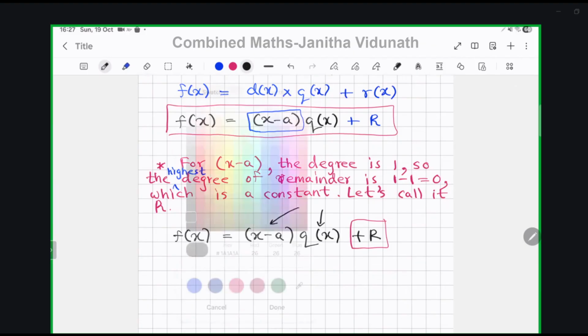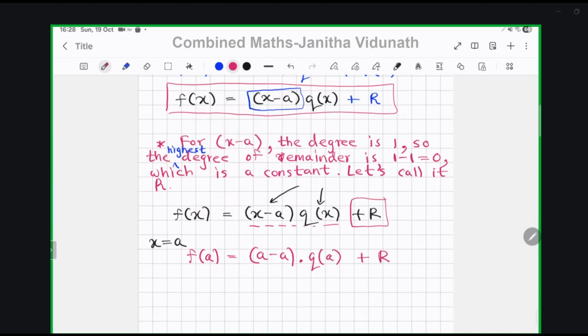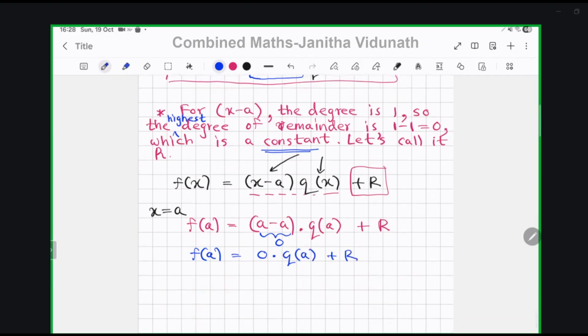If we plug x equal to a into both sides, then this term cancels out and becomes 0. That means f(a) is equal to a minus a times q(a) plus R. Here R is a constant term. That means f(a) is equal to 0 times q(a) plus R. Here 0 times anything is 0. That means f(a) is equal to R.